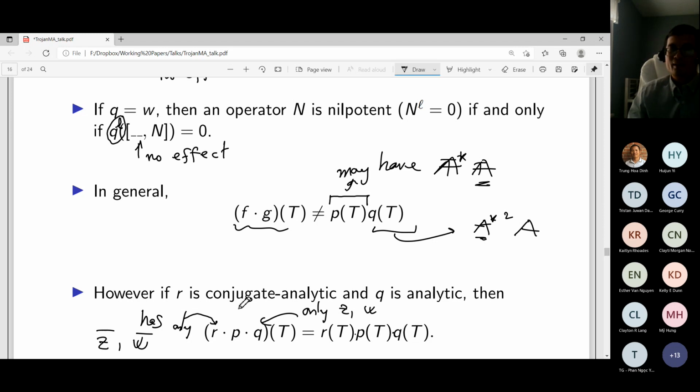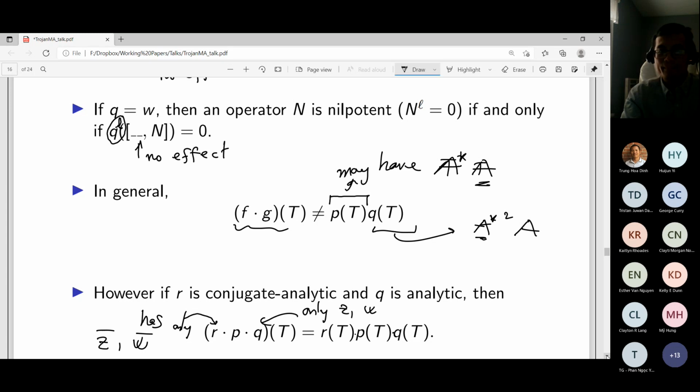Because when R has only z bar and w bar, then when we apply the functional calculus, R(T) has only the star, the conjugate transpose. And on the other hand, q has only the original operators A and B. So when we multiply them, it matches the definition of the hereditary functional calculus.